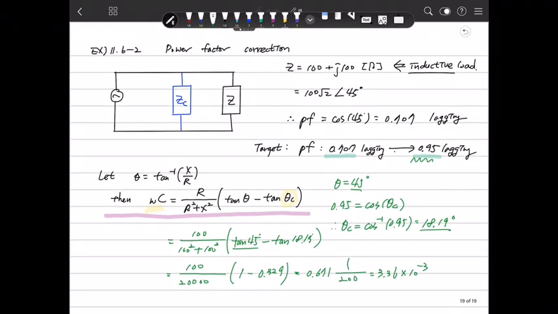The problem here, we have omega as 377 radians per second. That is 60 hertz here.